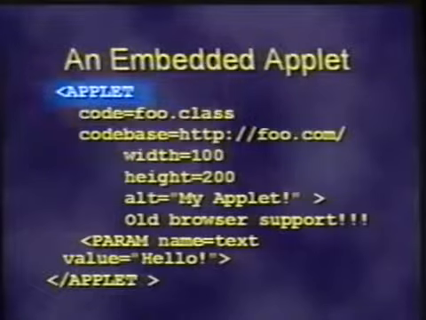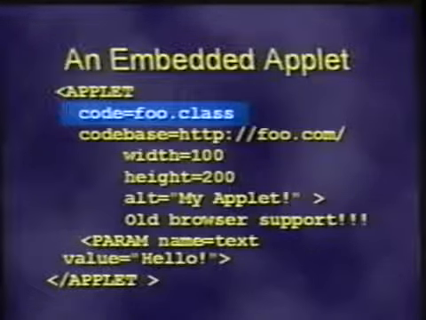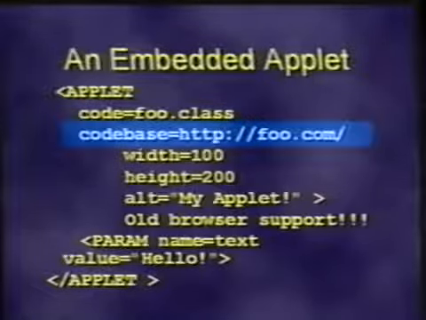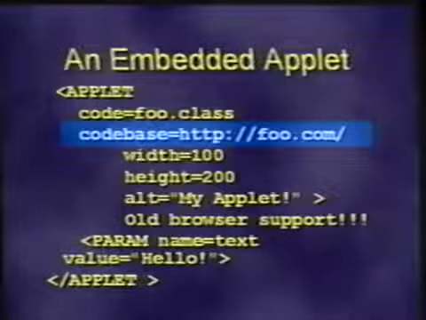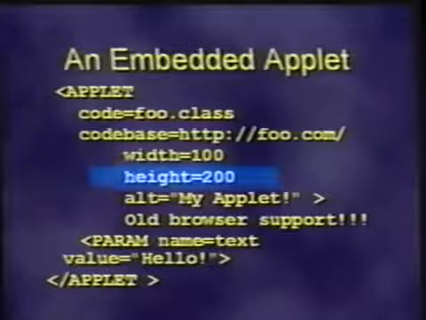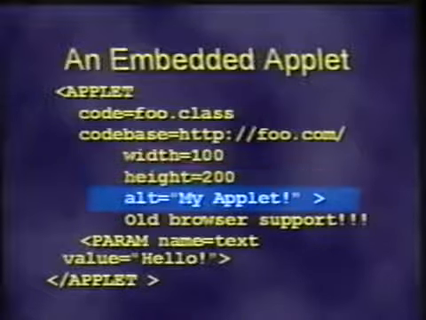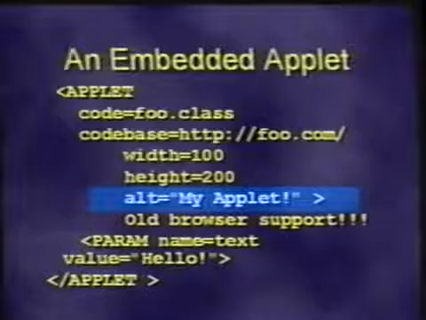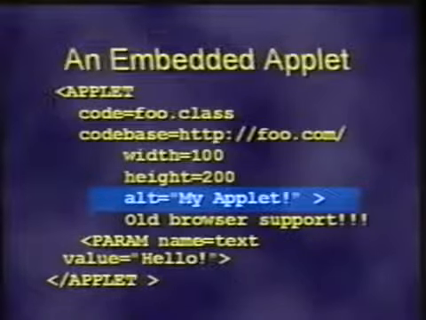So let's look. Here is just a sample embedded applet. You notice that we have the applet tag. We have a Java file called foo.class. That would actually be our applet. The code base, http://foo.com, that would be the network address that this Java applet was loaded from. We gave it a width of 100 pixels, a height of 200 pixels, an alternate string of text that would be displayed if applet support was turned off in your browser.